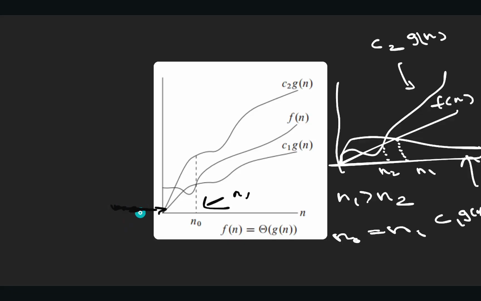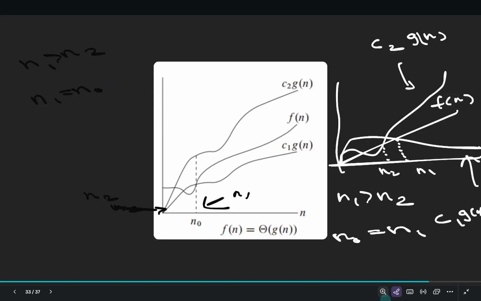Let's say it's N2. N2 is over here. Because N1 is greater than N2, we took N1 as n naught. So that's how you find out the n naught.